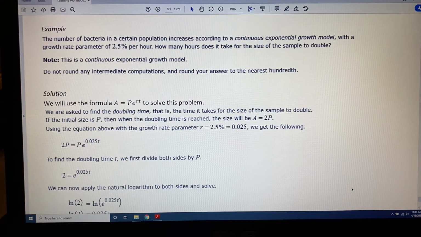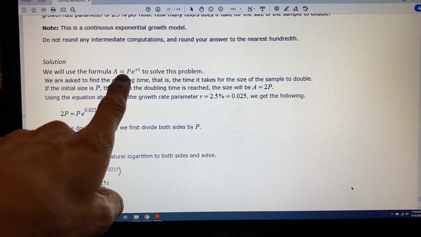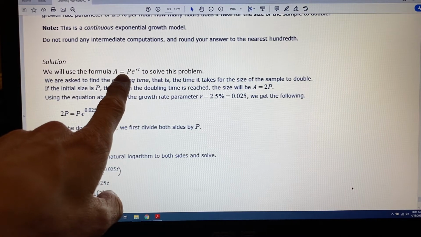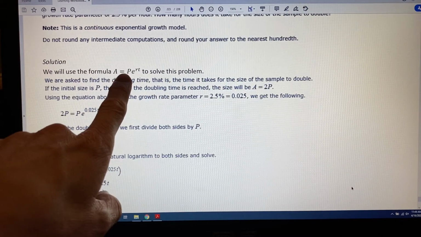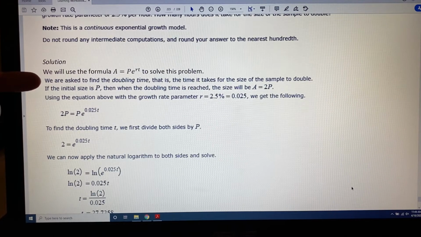All right, here comes the solution. This has a continuous growth model, so we're going to use this formula, A equals Pe to the rt. I will sometimes refer to this as the Pert formula. We are asked to find the doubling time. That is, the time it takes for the size of the sample to double.